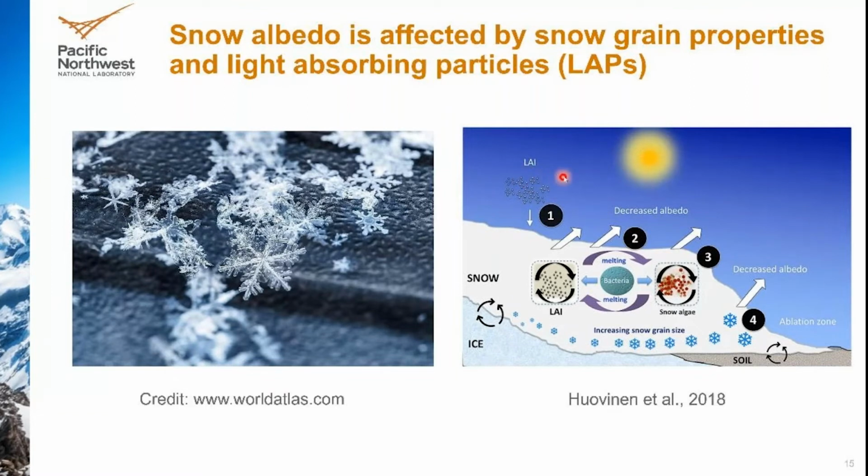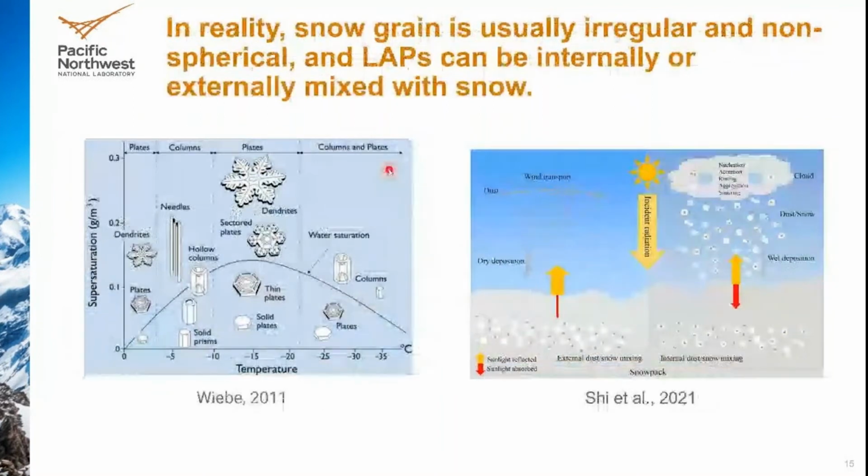These light absorbing particles can darken the snow surface and decrease snow albedo. The left figure shows how the snow grain shape is determined. It is related to the air temperature and water vapor saturation. The snow grain shape can also change with the snow age. The right figure shows black carbon or dust.